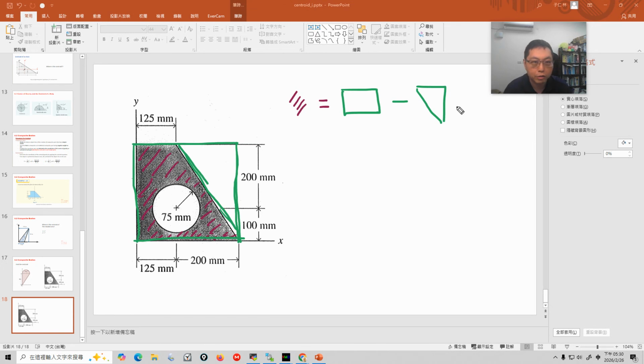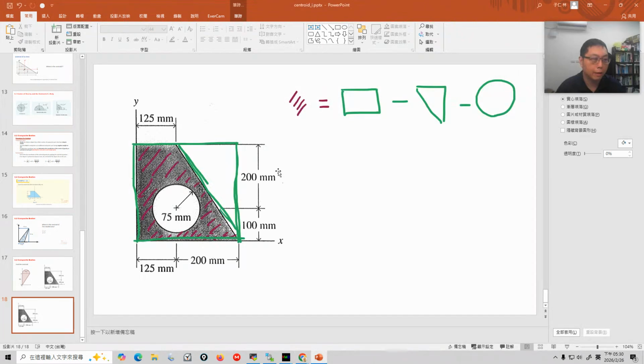That's what I mean: sometimes the composite area can be viewed as the addition of simple shapes, and sometimes as the subtraction of simple shapes.